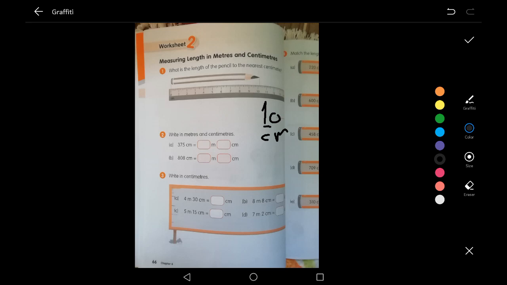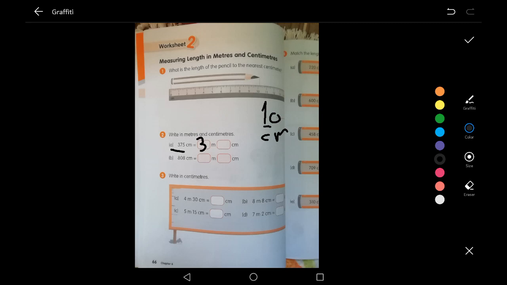Now, question number 2. Write in meters and centimeters. We have 375 centimeters. We need to convert them into meters and centimeters. And we know that in the hundreds place it is meters. So it is 3 meters.